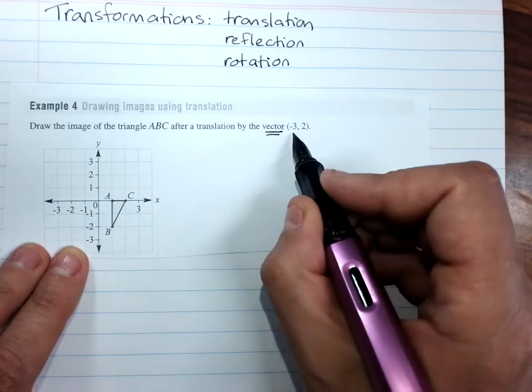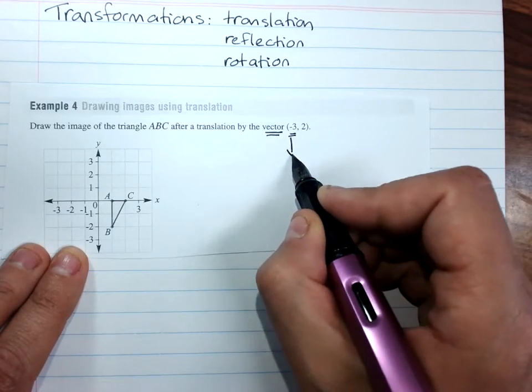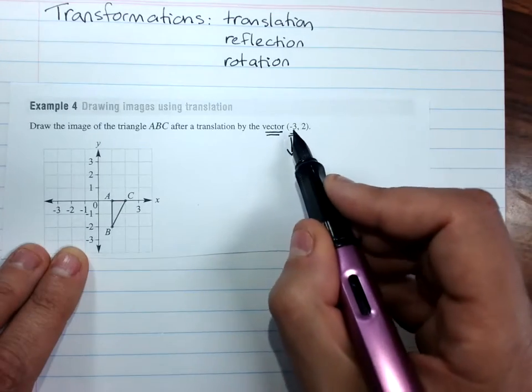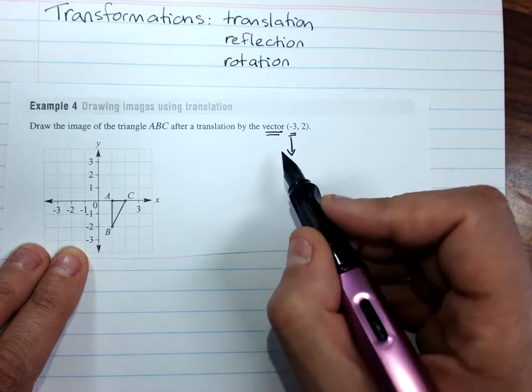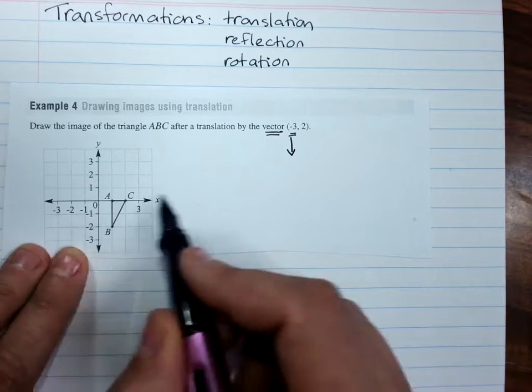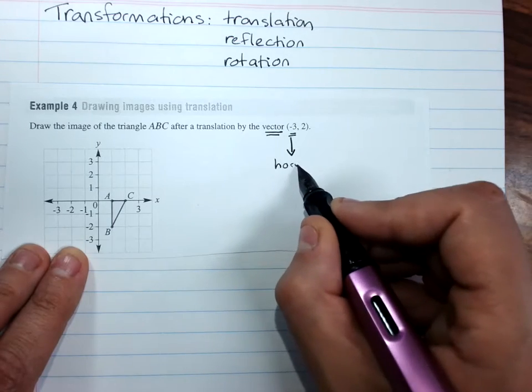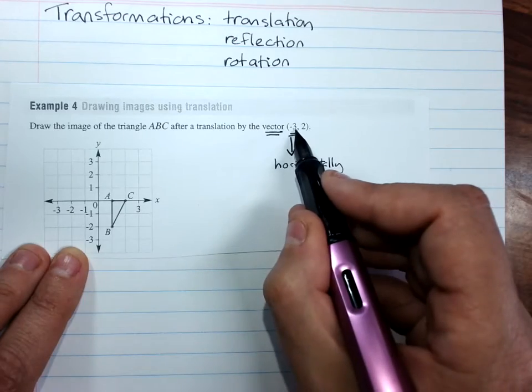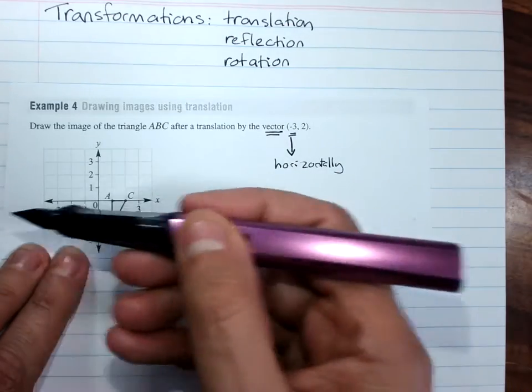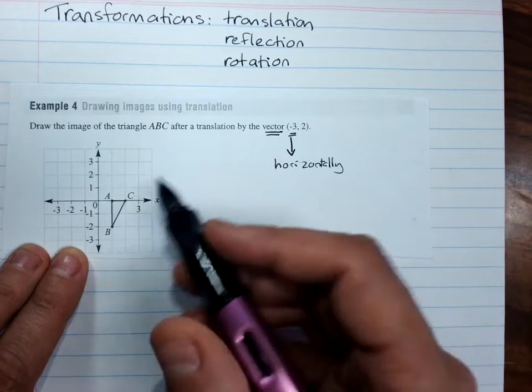But what this is saying is -3. You notice how this is in the x-coordinate position? This means on the x-axis, so horizontally, 3 units, and negative means towards the negative side, so left.